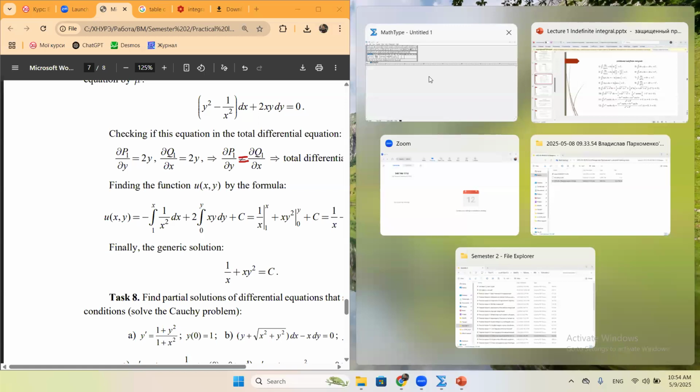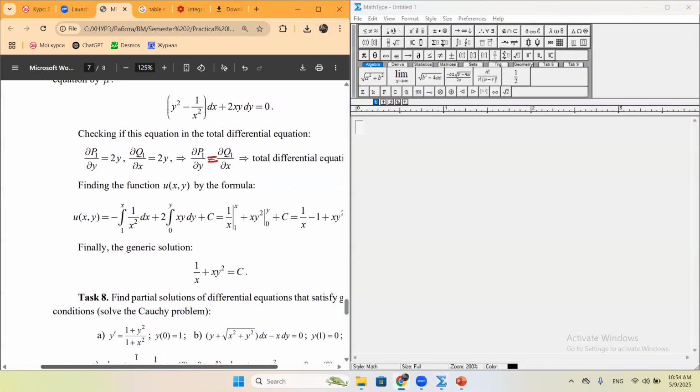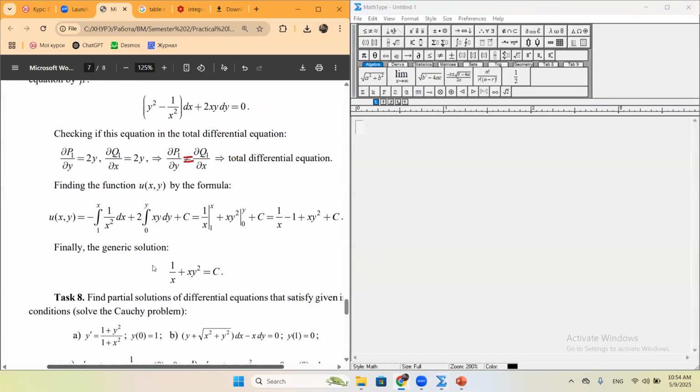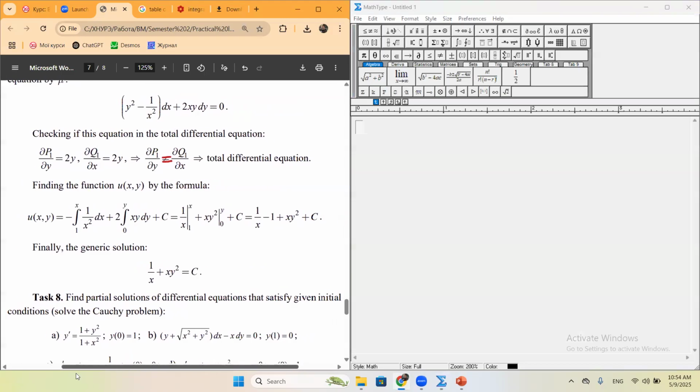And now we have to solve the Cauchy problem, or initial value problem. So let me write down the equation, and I will explain what we have to do here. y prime equals 1 plus y squared over 1 plus x squared, and y of 0 equals 1.